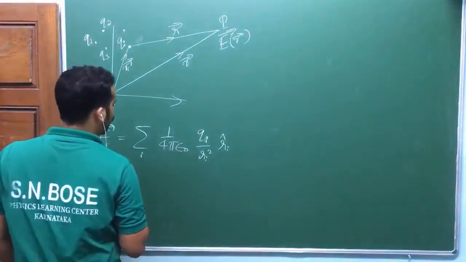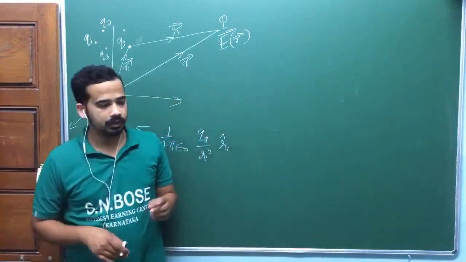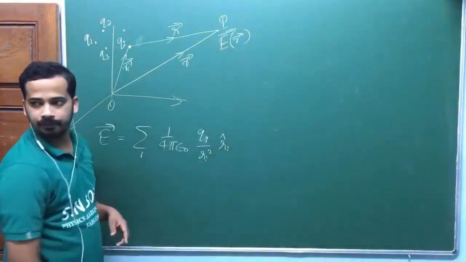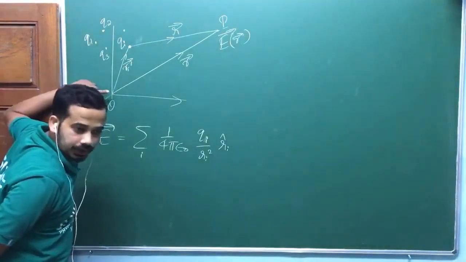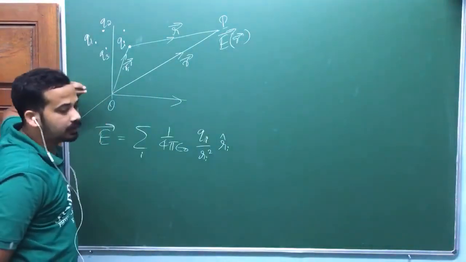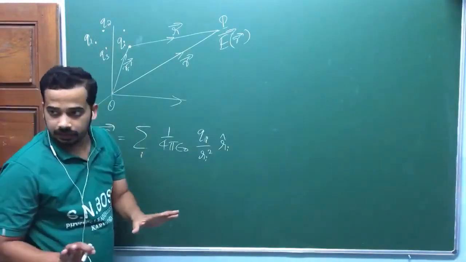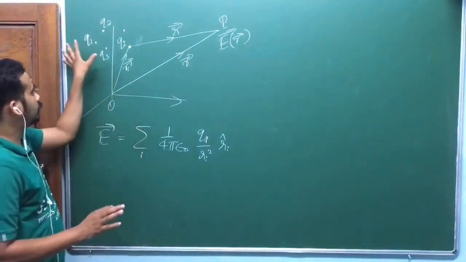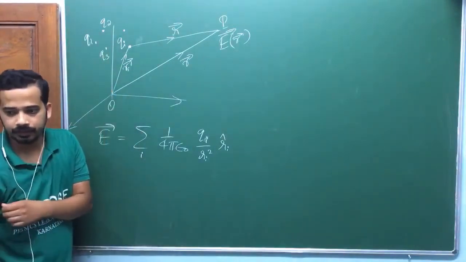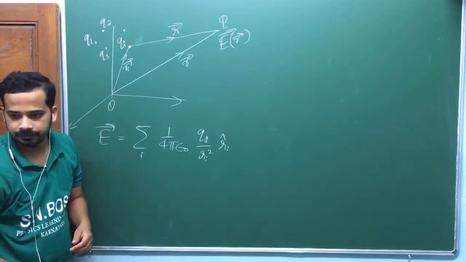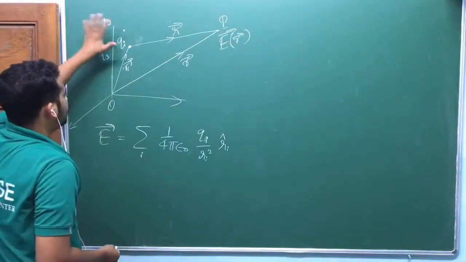Observe this carefully. You may be wondering how this electric field is a function of R. Once you fix the origin, again, these are the mathematical aspects, we are discussing electrostatics, where the source charges are at rest.